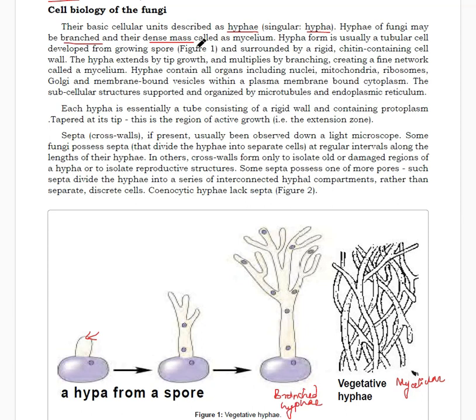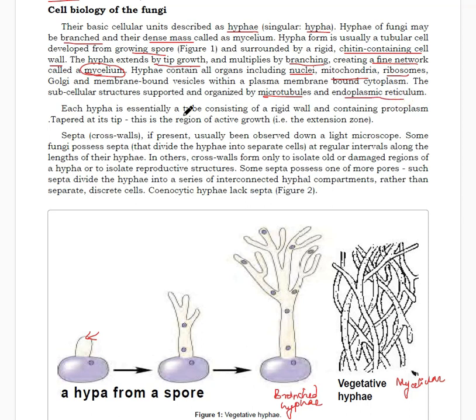Okay, so hyphae develop from a spore, and they are surrounded by a rigid chitin-containing cell wall. The hyphae extend by tip growth and multiply by branching, creating a fine network known as mycelium. Hyphae contain all organelles including nuclei and mitochondria, a typical composition of the eukaryotic cell, which is bound by a plasma membrane, and outside the plasma membrane is the cell wall, and there are microtubules and endoplasmic reticulum also present.